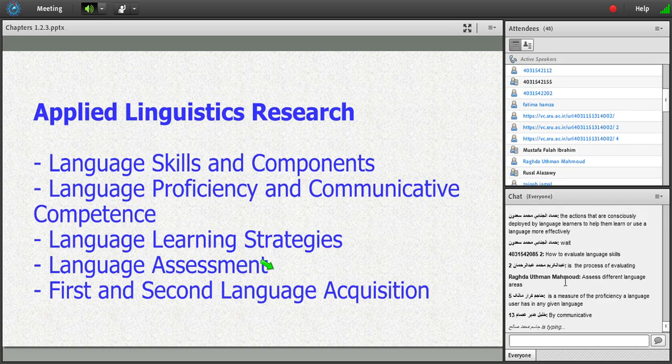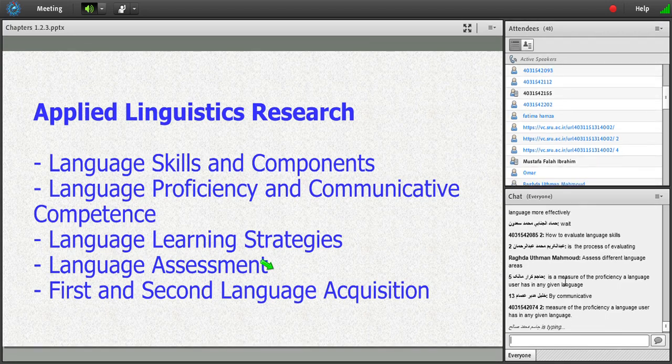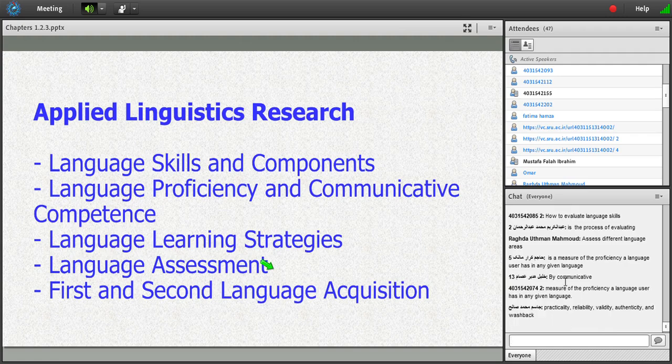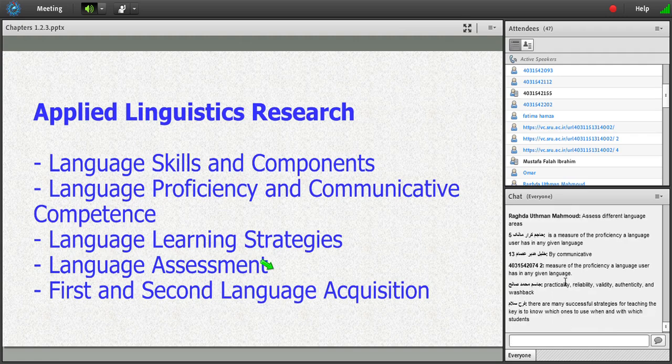As a measure of the proficiency a language user has in a given language, by communication, measure of proficiency, good. So assessment means testing. These are the concepts that are important. Practicality, reliability, validity, authenticity, washback, exactly. Which ones to use? Yes, that's right.